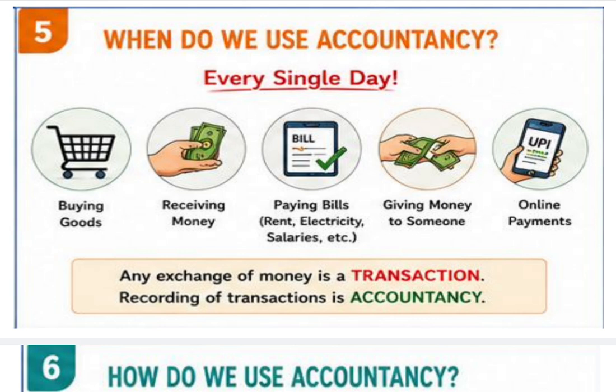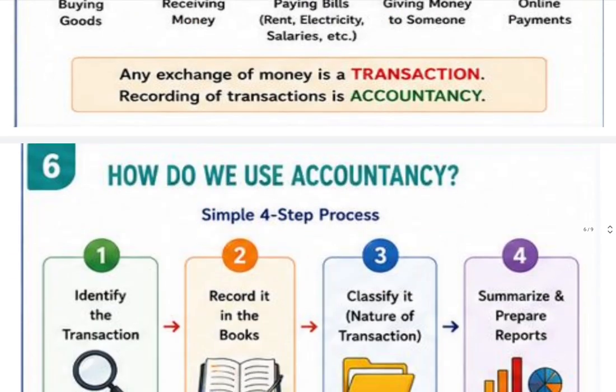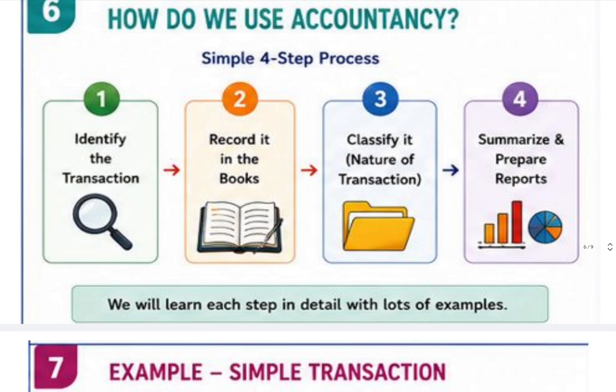Any exchange of money is a transaction, and recording of transactions is called accountancy. How do we use accountancy? There are four simple steps. First, identify the transaction and record it in the books. Then classify the nature of the transaction, summarize, and prepare reports. We will learn each step in detail in the next classes.